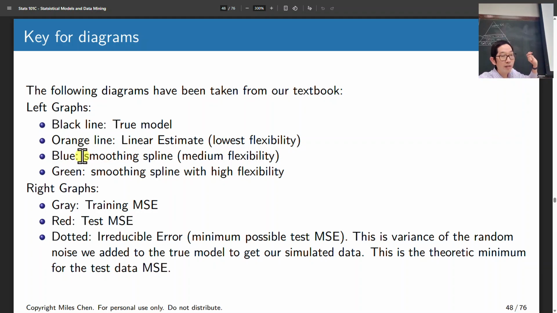Then we'll also have a blue line, which will be a smoothing spline with a medium amount of flexibility. And then we'll have a green, which will be a smoothing spline with a high amount of flexibility. And then on the right, we'll see the training mean squared error and the test mean squared error. And there's also going to be a flat line representing the irreducible error.